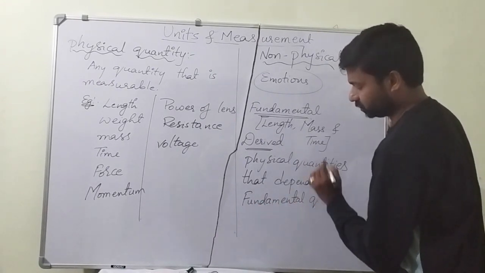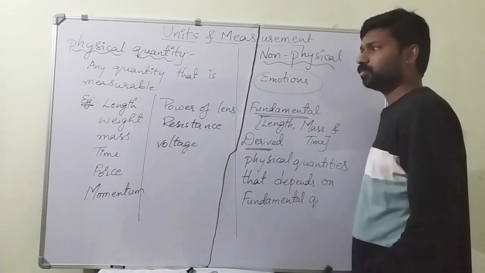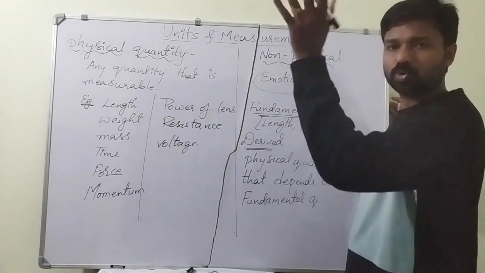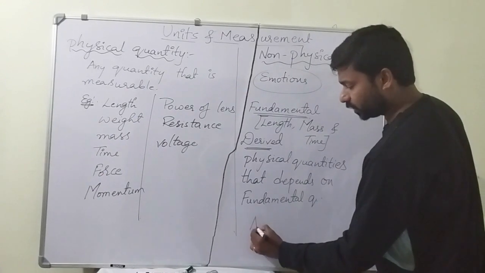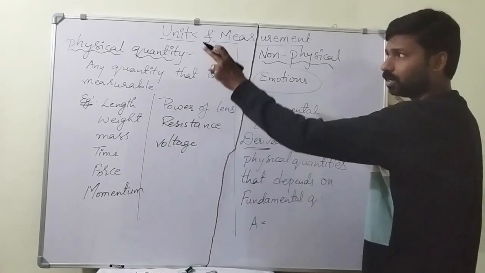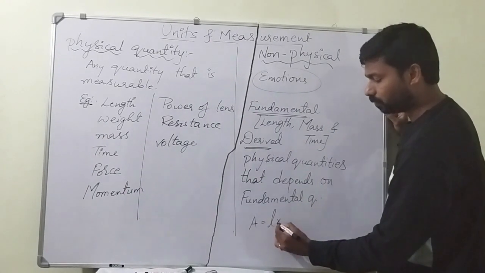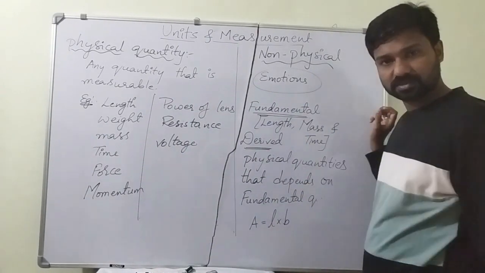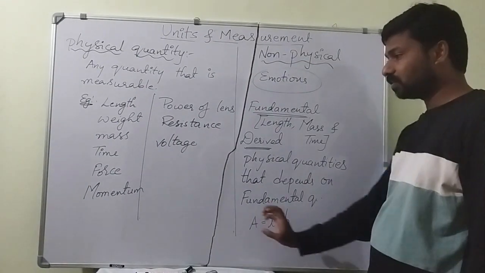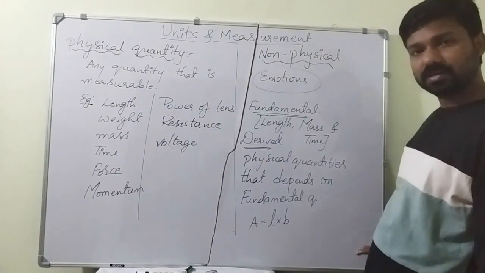For example, you want to find the area of this particular board. What is the formula for area? This board is a rectangular shape. Area is equal to length multiplied with breadth. Is it okay? Area of this rectangle is equal to length multiplied with breadth.